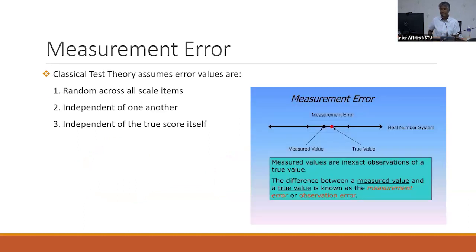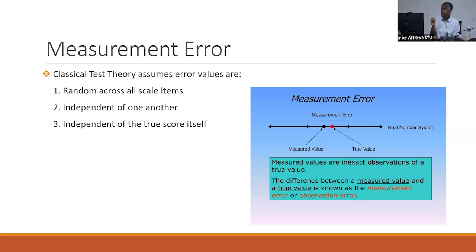Classic test theory tells us that the assumptions related to measurement error are that they're random across all scale items. So if the scale has a number of items, say 1 to 10, the measurement error on each of these items is assumed to be random.